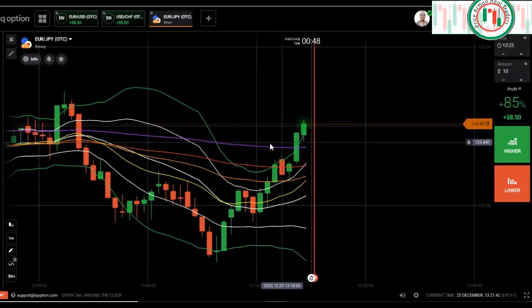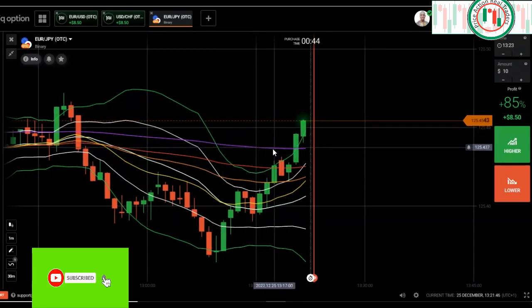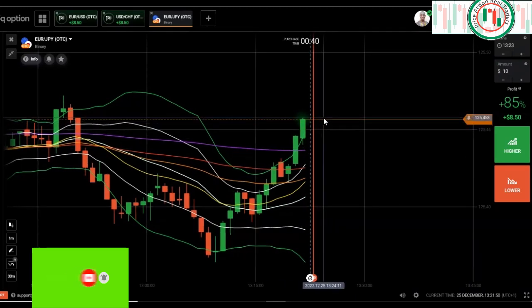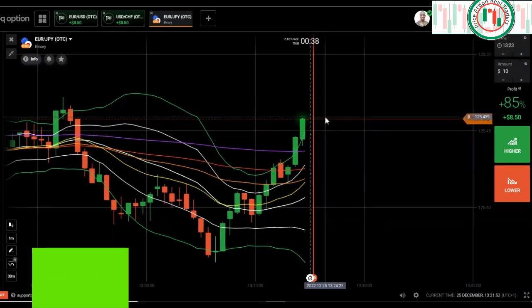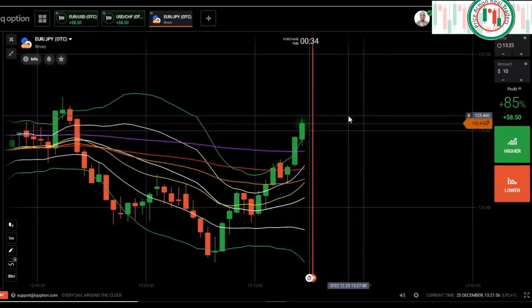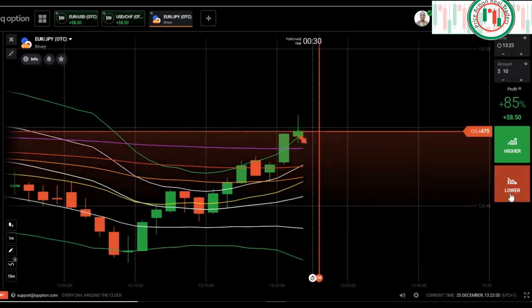But still we are in ranging because you see the alignment of the EMAs shows that we are in a downtrend, but this is momentum, so I'm not sure what the market is supposed to trace.